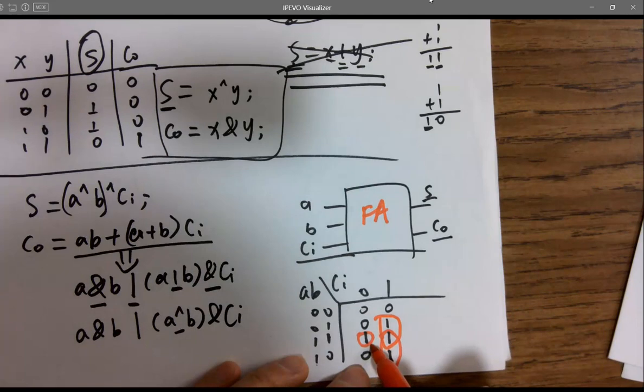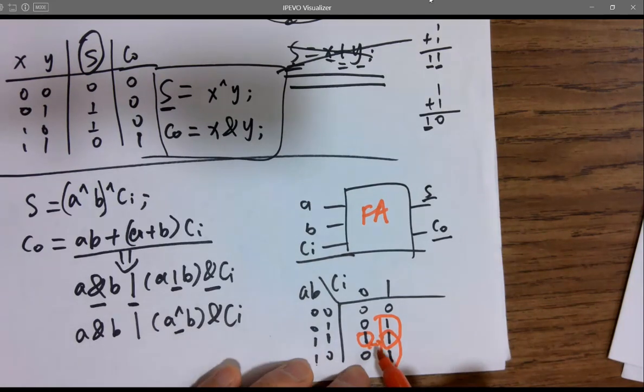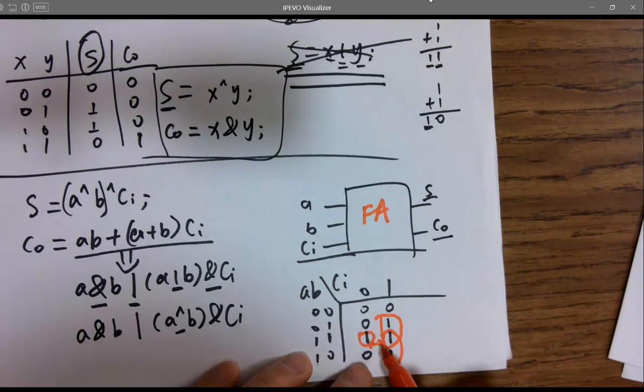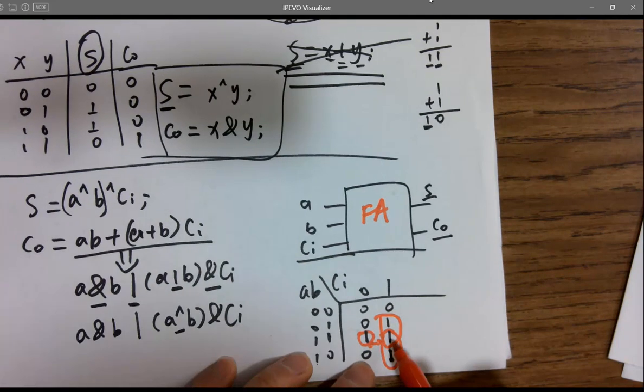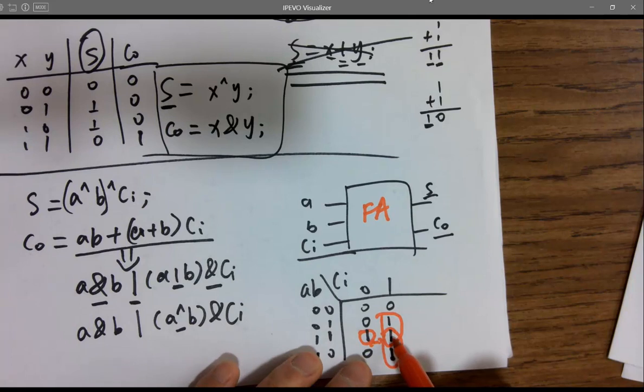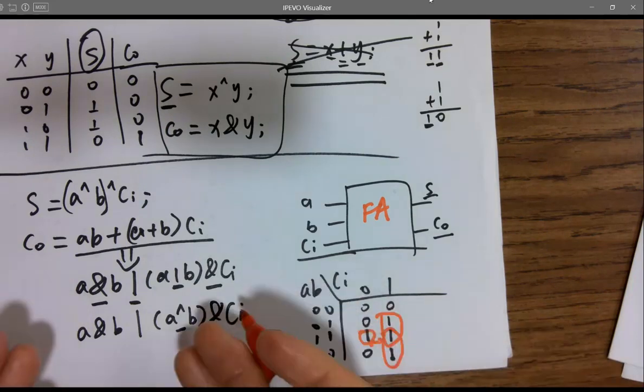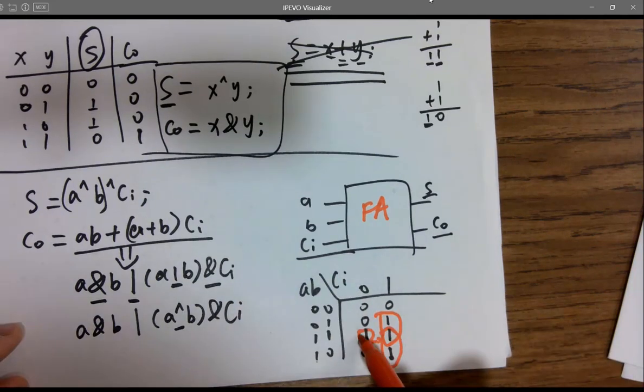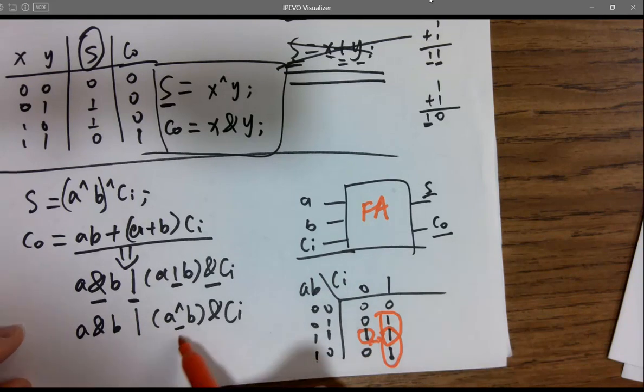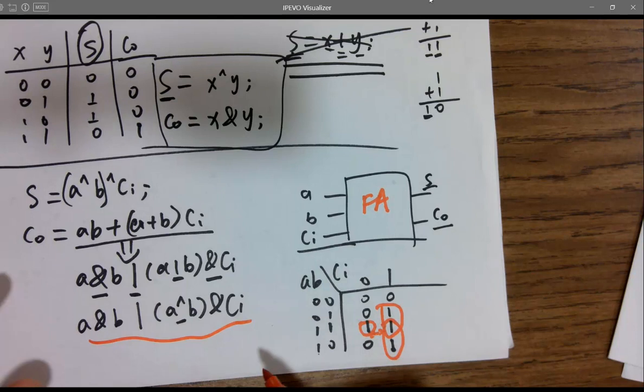But there will be what's called a static one hazard. If you don't group this single one with any of the other ones, it also works logic-wise. So if you just do this, you are eventually getting this logic expression.